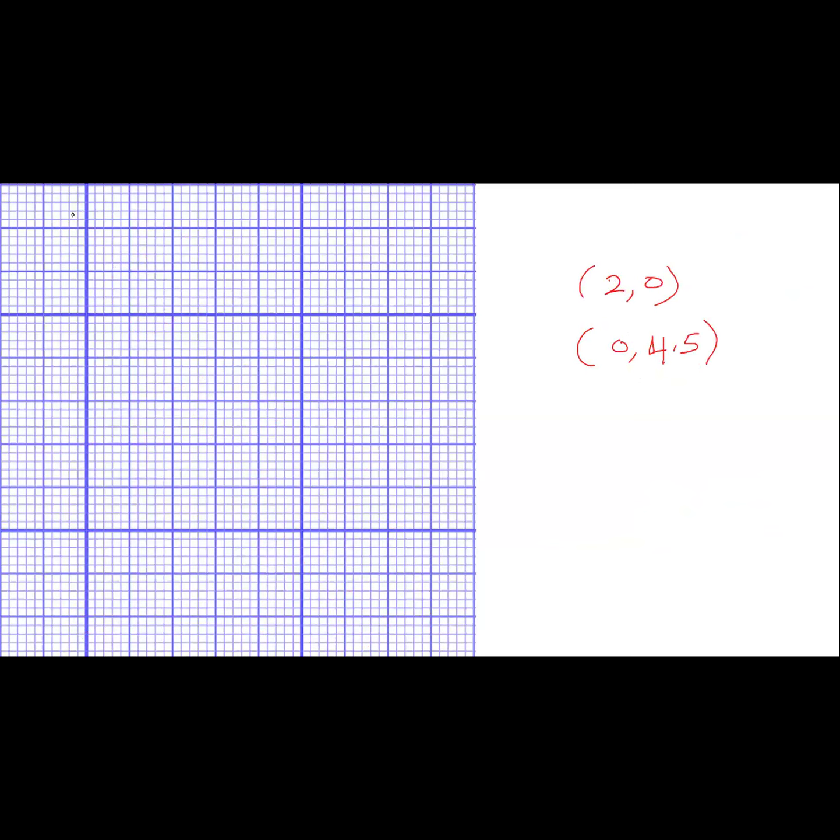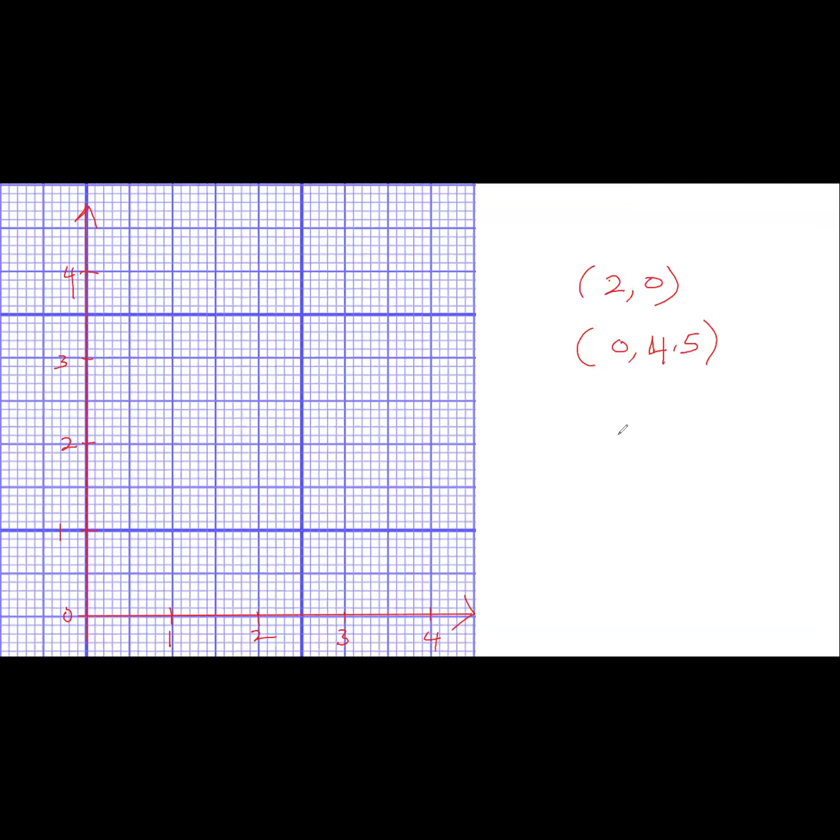Have your axes drawn very well. Then put this is 0, this is 1, 2, 3, and 4, and then this is 1, 2, 3, and 4.